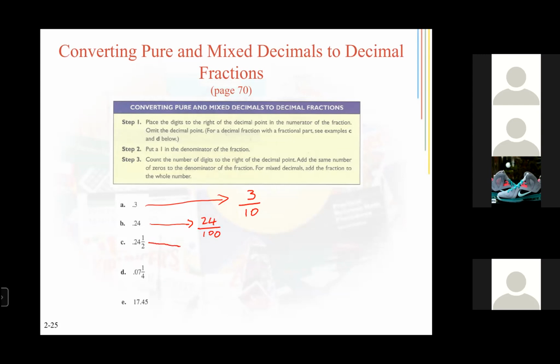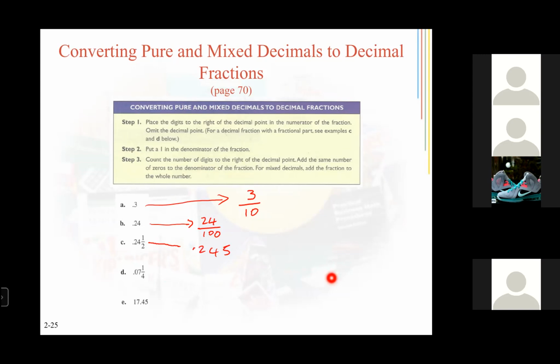Look at this one, 0.24 and a half. How are we going to handle that half? Could you write that half as a decimal? That's 0.5. Okay, so that's really 0.245, is it?